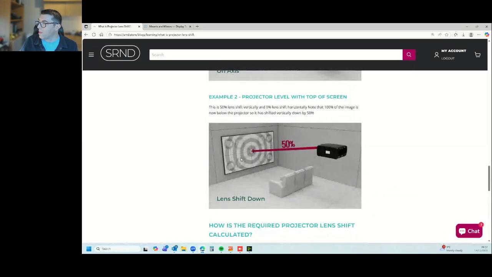Now, it's important to understand, what is the thing that constrains lens shift? If you think of the lens, the prime lens, the big lens on the front of the projector, it has a size.